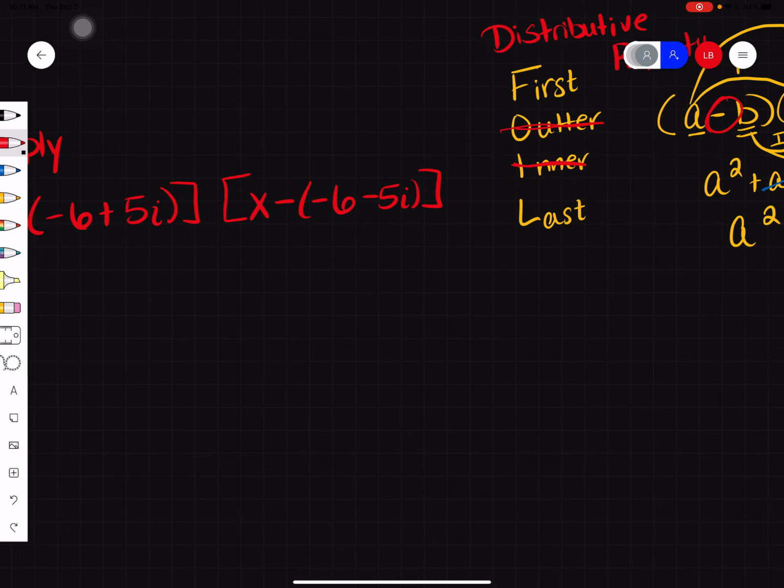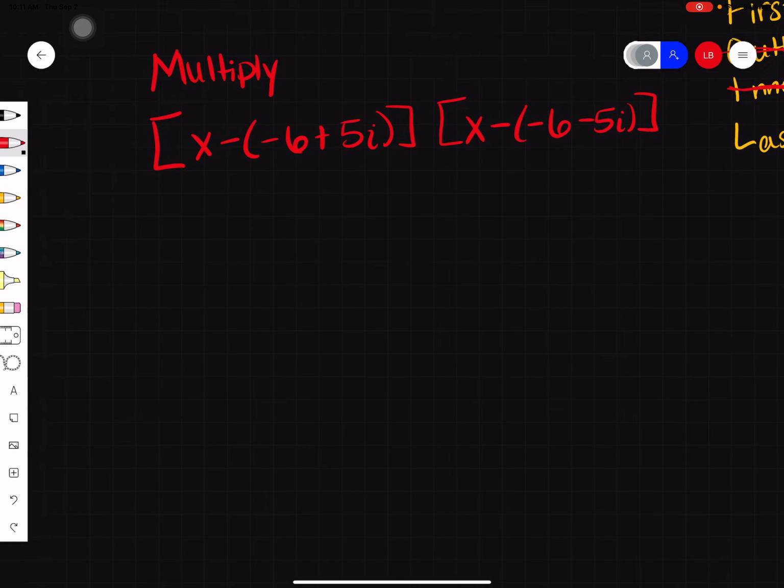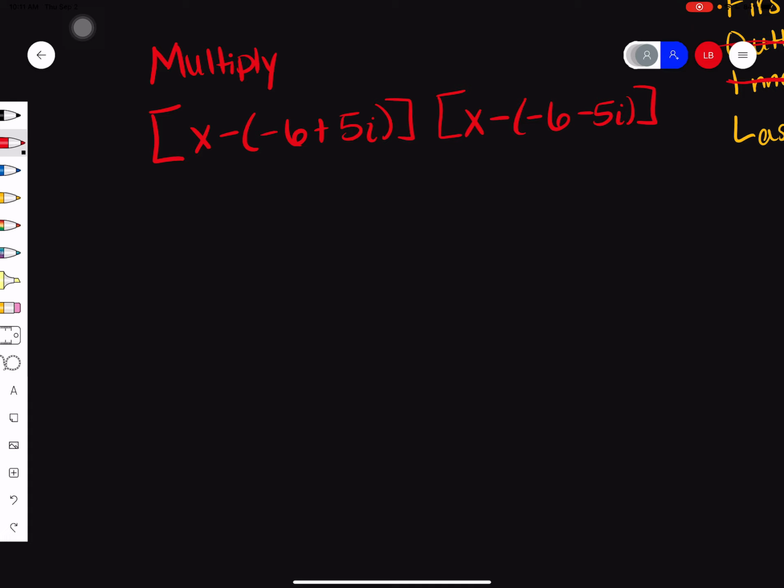So here's what we're going to do, wonderful math people. We're going to take this expression and manipulate it so that we can use that rule I just showed you. Right now, our first terms are the same and our last terms are the same, but the problem is that these signs are not opposites.